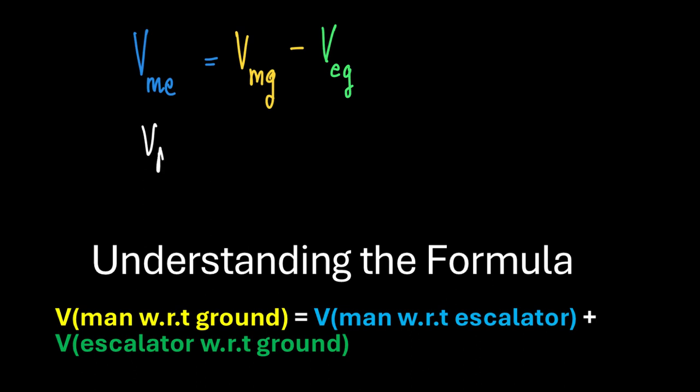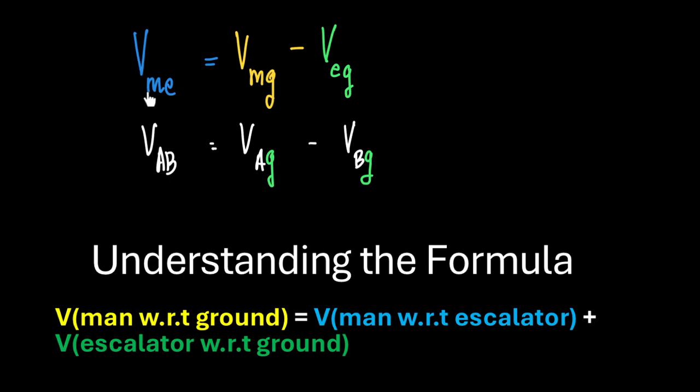So velocity of A with respect to B is equal to velocity of A minus velocity of B, and from the inertial frame this becomes velocity of A with respect to ground minus velocity of B with respect to ground.